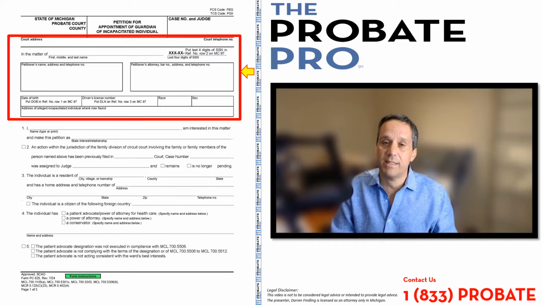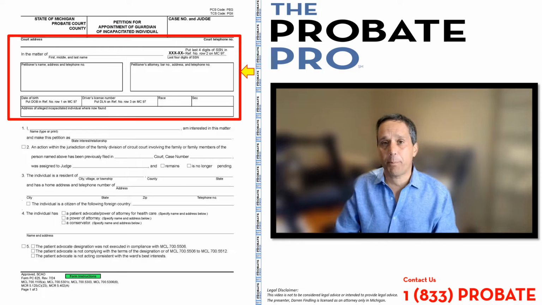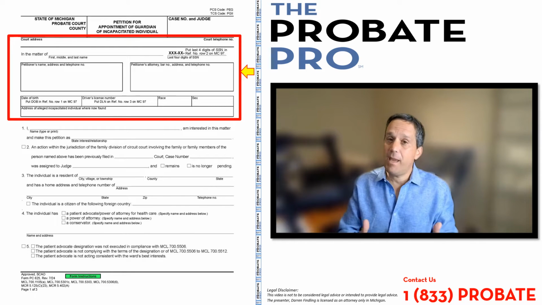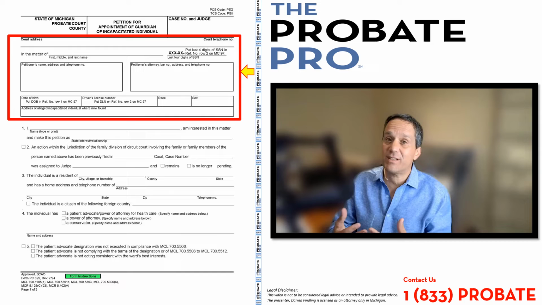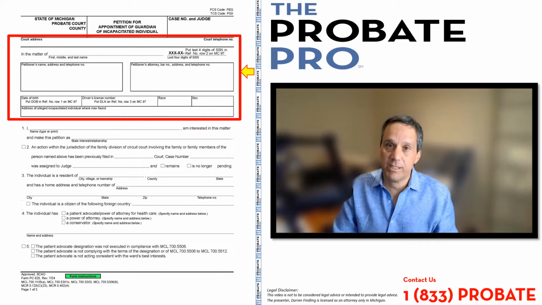You use the MC 97 form as well as the driver's license number of that individual if there's a driver's license. The race and sex is also identified there, and then the address of where that person is currently found. Now, they may be at a residence, they could be in a facility, they could be on the streets, but you have to identify where they're located for purposes of the petition.